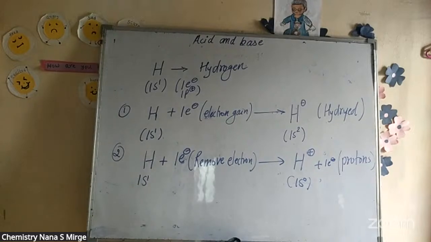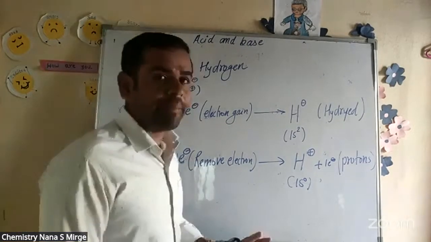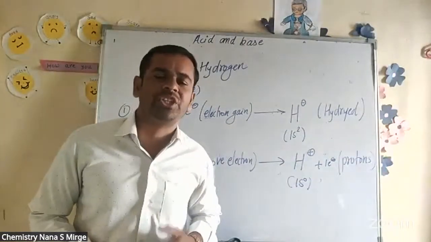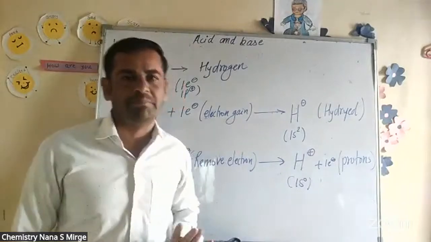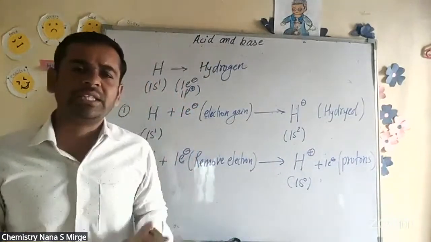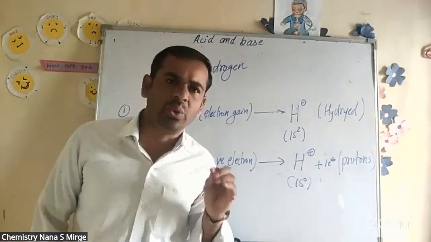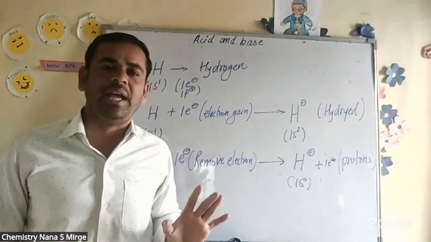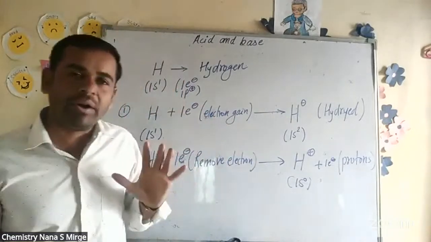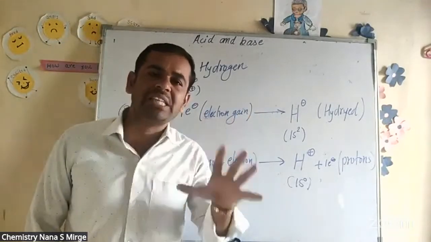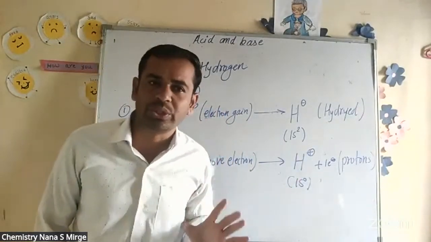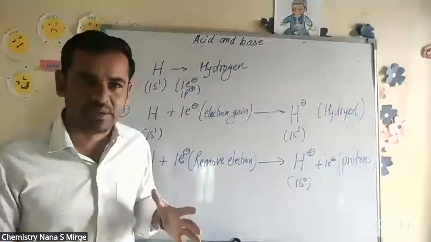Okay, what is the summary of today's lecture? Summary of today's lecture: we dealt with acid and base. According to the Arrhenius concept, acid is the substance which donates H plus ion in aqueous solution, and base is the substance which donates OH negative ion in aqueous solution.